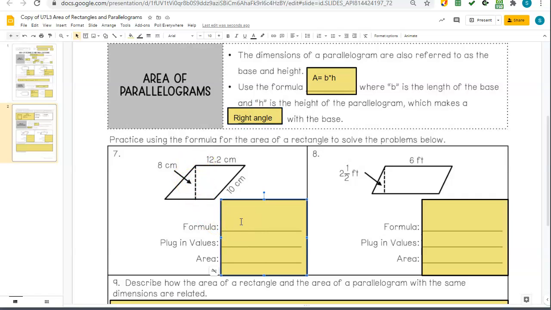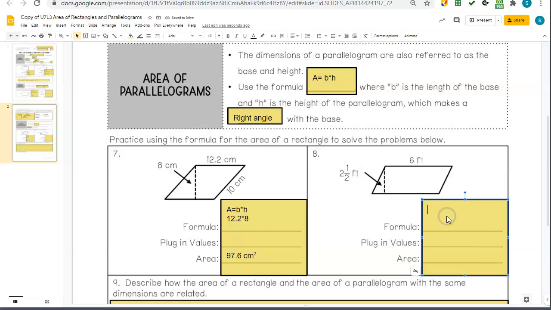So for us, our formula is area equals base times height. We want to put in our numbers, which is 12.2 times 8. We do that calculation real quick. And we get then that our area is 97.6 square centimeters.